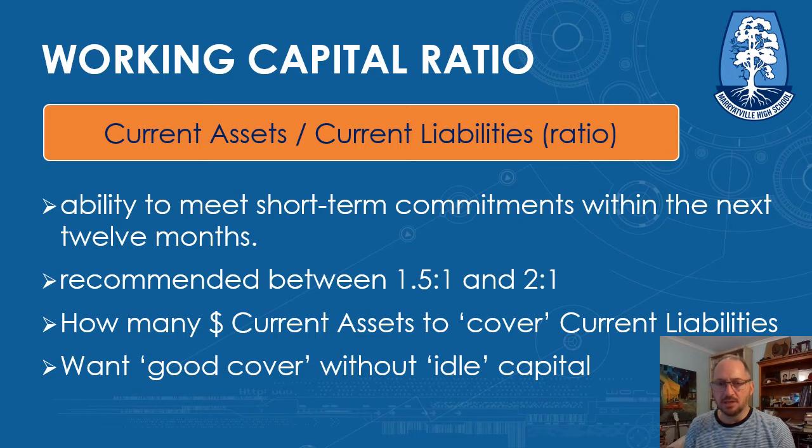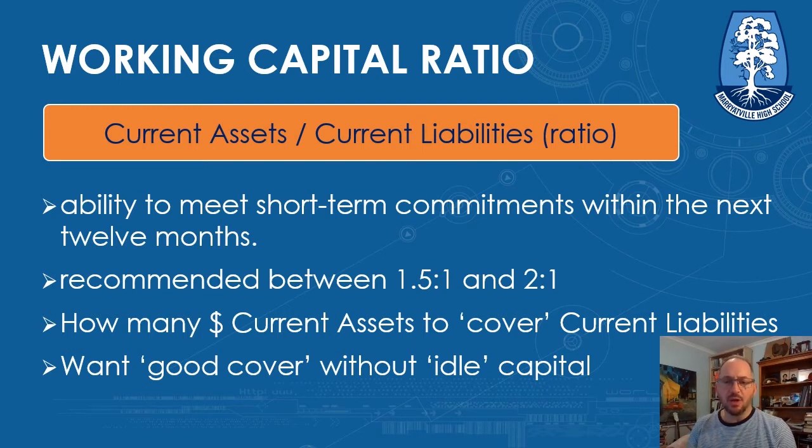Did that make a lot of sense? So somewhere between 1.5 to 1 and 2 to 1. So you want at least 1.5 times your current liabilities in current assets. If you divide all your current assets by your current liabilities, you want a figure of about 1.5. And that's what's called covering your current liabilities.